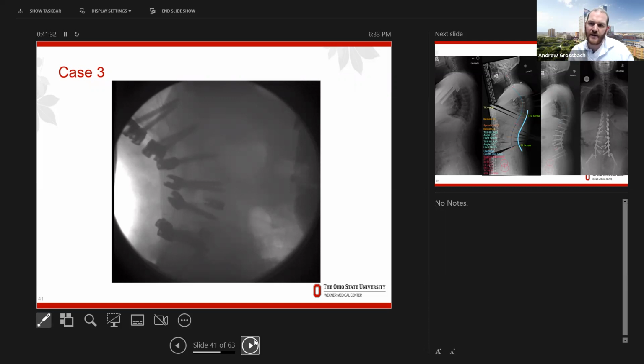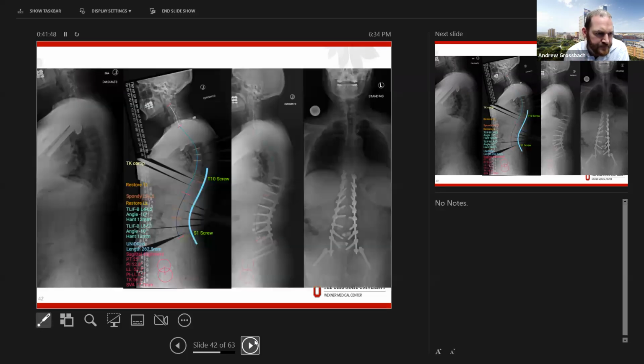So for her, I take my patient-specific rod and I say, she's way more lordotic than this rod, than what I planned on doing. So I used reduction towers to just pull her up to the rod and trusted that that planned lordosis was going to be good for her.